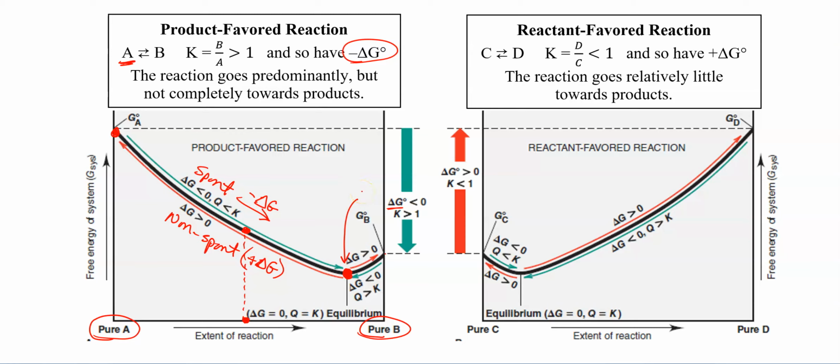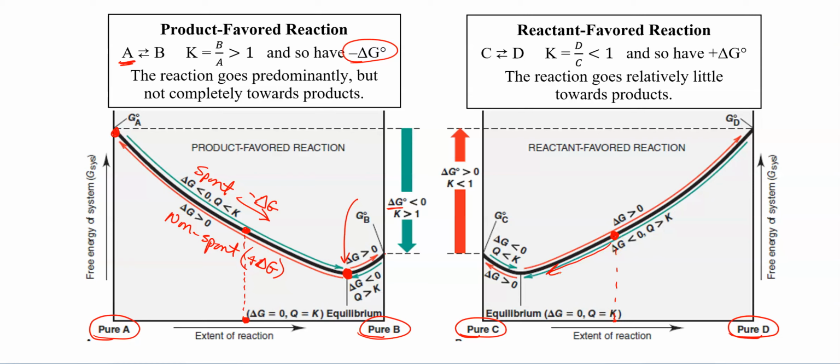Okay, so the difference over here is really the opposite. Now you're starting with all of C going to all of D, just so we have a different reaction. But again, at this point is where you're at standard conditions, and that would be your delta G naught. At those standard conditions, the spontaneous direction would be to move in this direction.